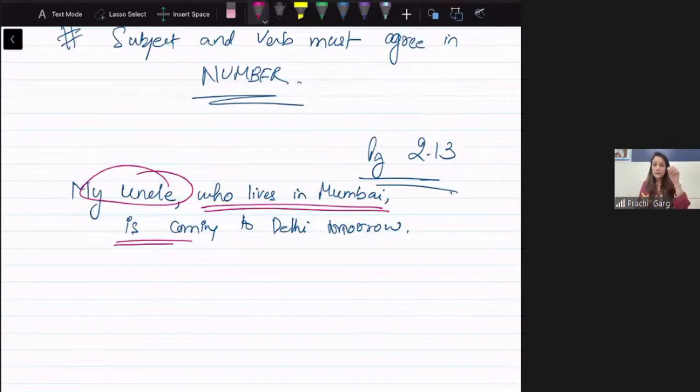For example, there's another catch here. In a subordinate clause also, if there is a verb, that will be related to the subject. Lives in Mumbai, not jungle, in Mumbai. If I had said, my uncle and my aunt who live in Mumbai are coming to Delhi tomorrow. Yes.